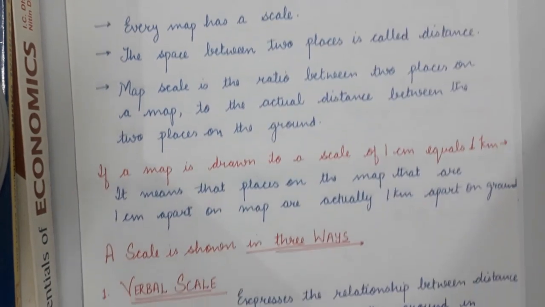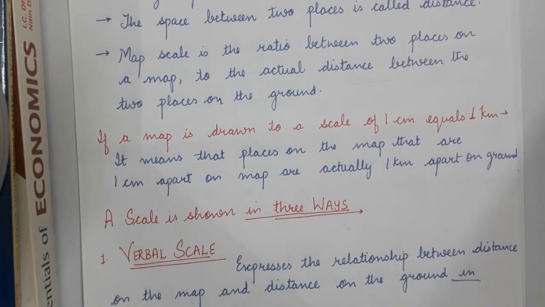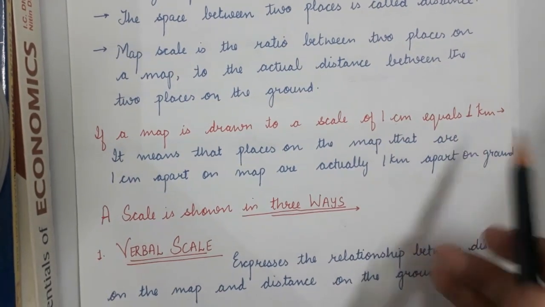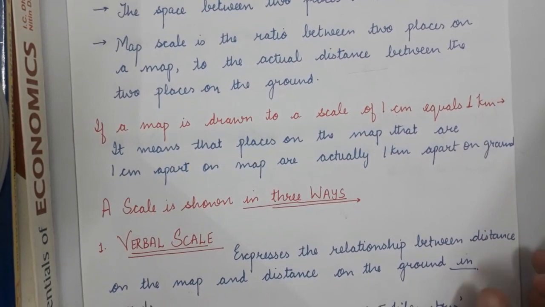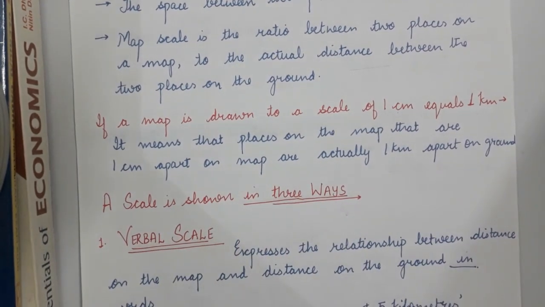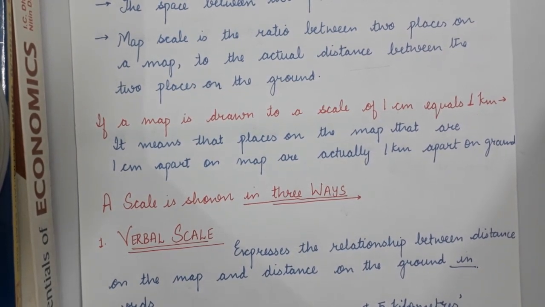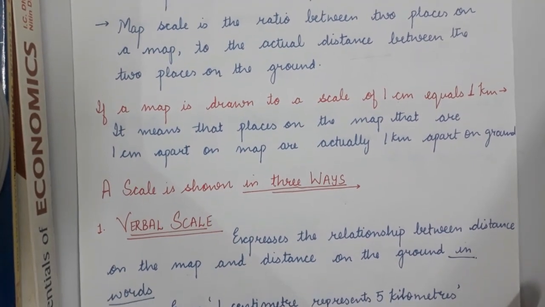This way it is proportional. If a map is drawn to the scale of 1 centimeter equals 1 kilometer, it means that places shown 1 centimeter apart on the map are 1 kilometer apart on the ground. This way the scale is shown on the map.